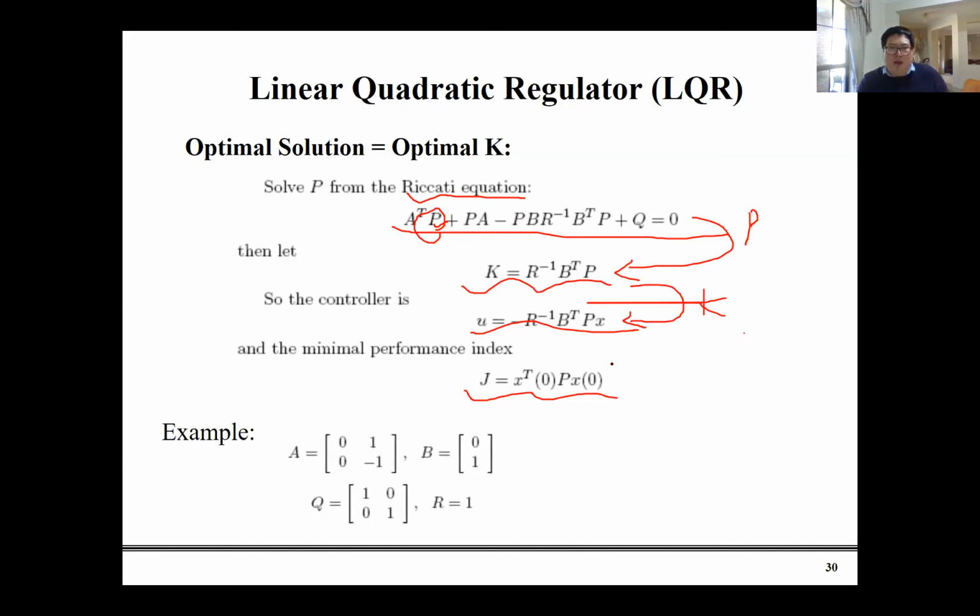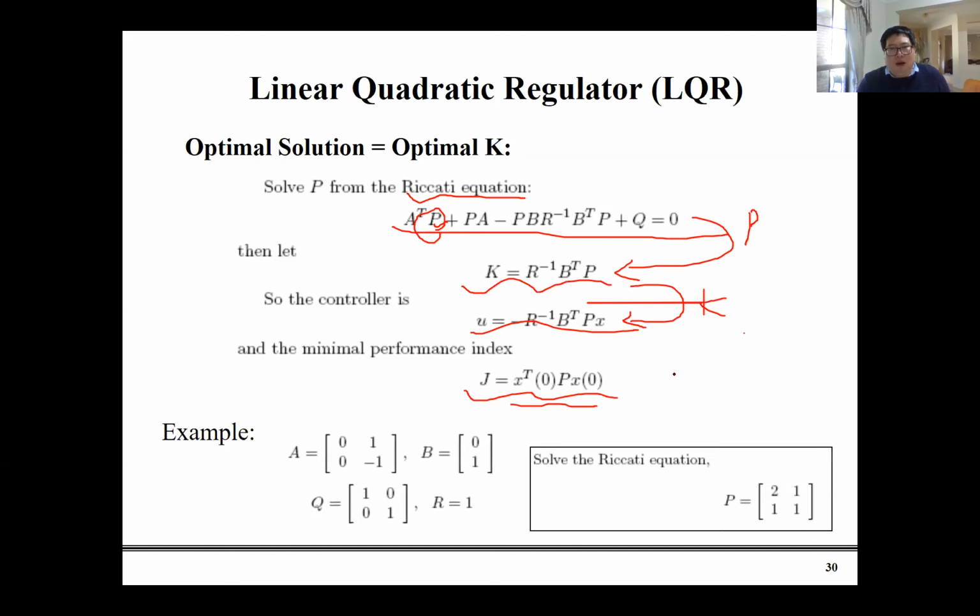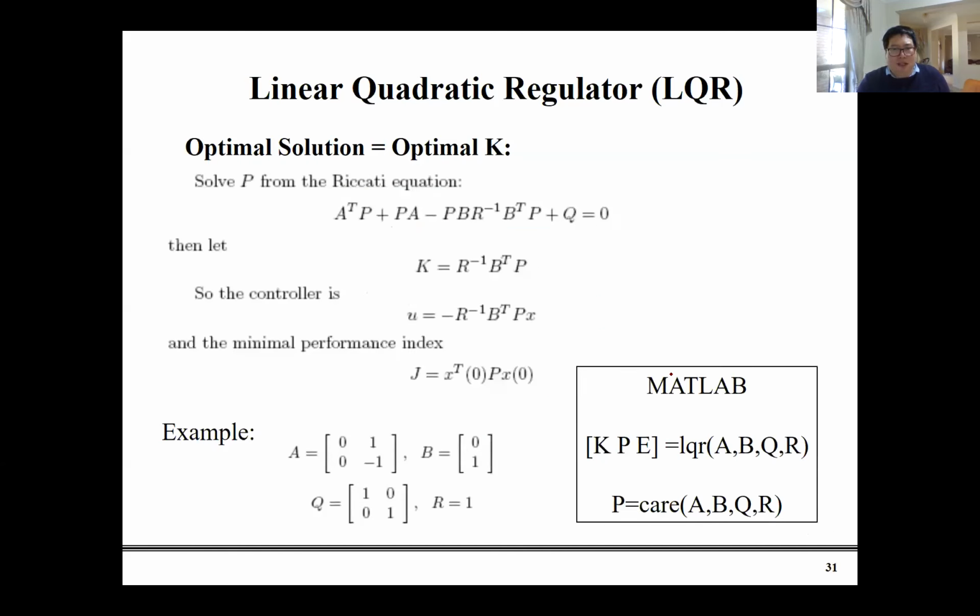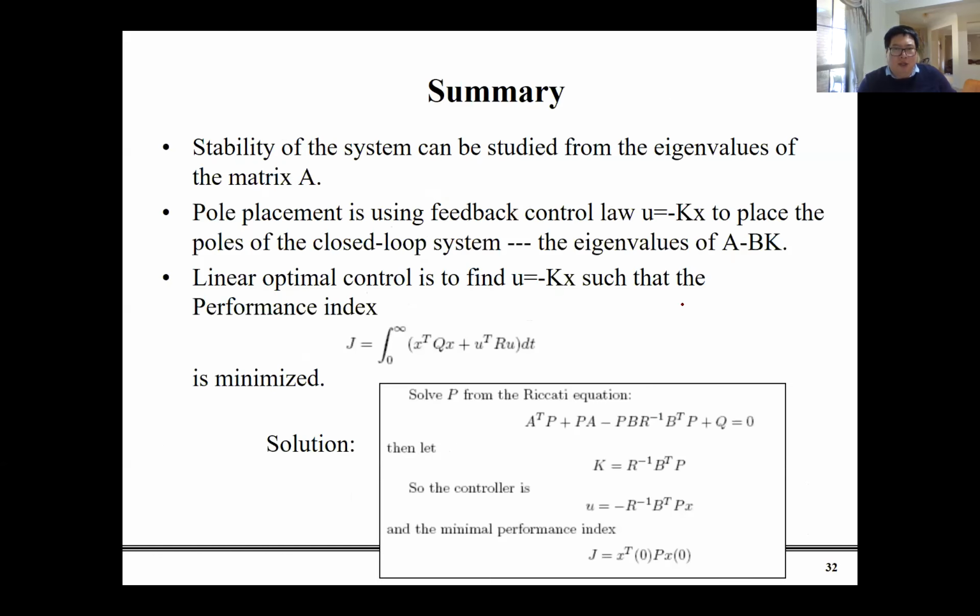And we can also calculate the minimum performance index. So that is the linear quadratic optimal control. All right, we have some examples, but I'm not going to show you today, and I do believe Malin will be with you to work on those examples.